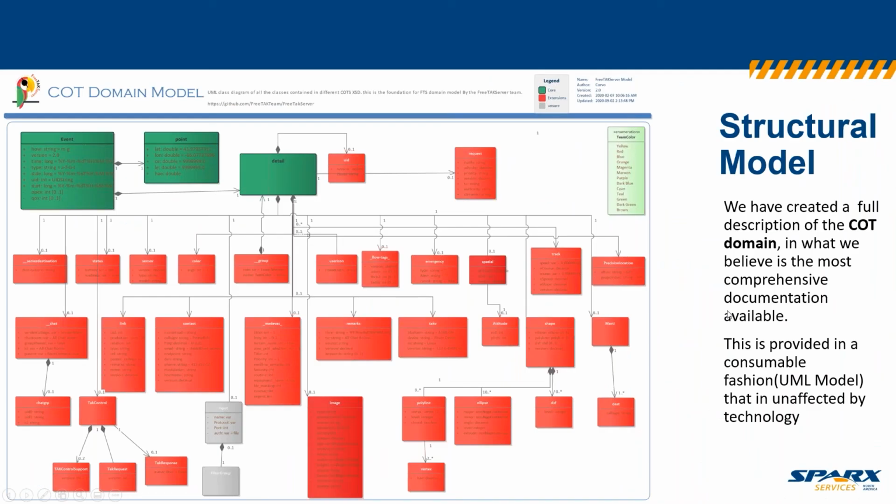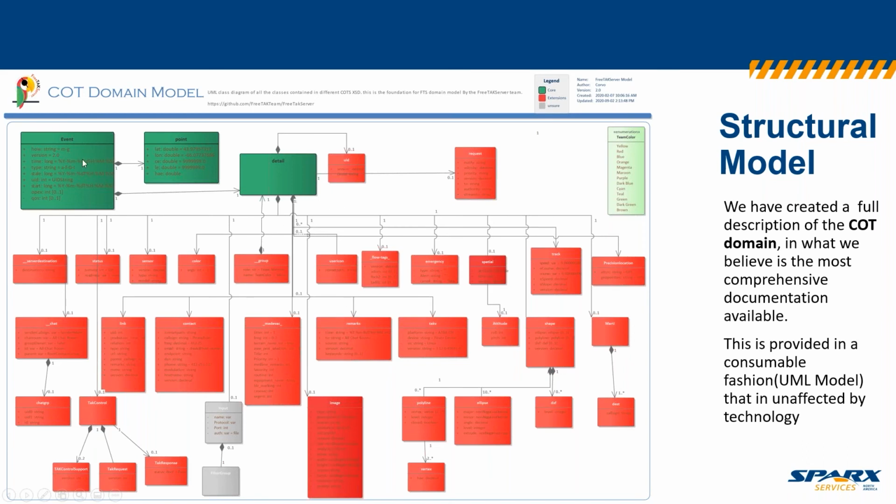Moving on, we have a structural model, also known as a domain model. This is a much more comprehensive model of COT, which we've created, or Juice has taken the lead on this one. However, it's proved invaluable in the development of FTS.